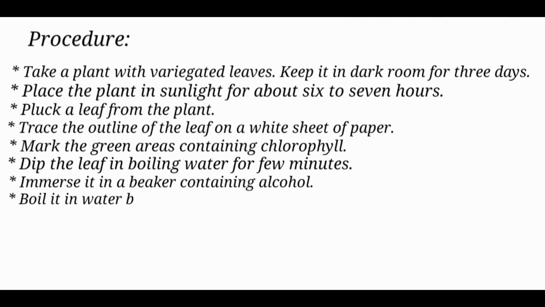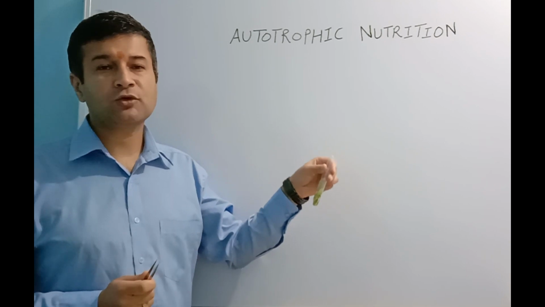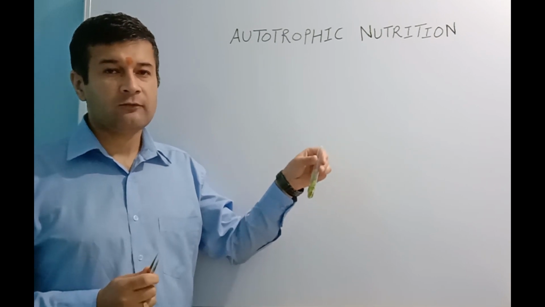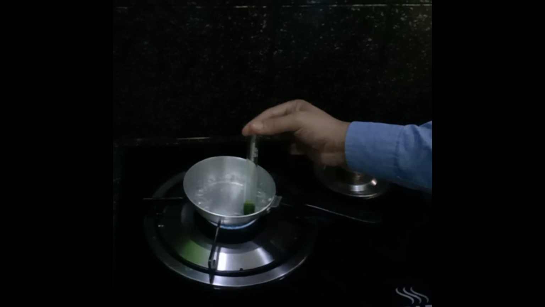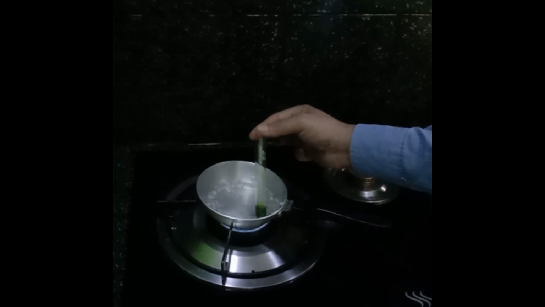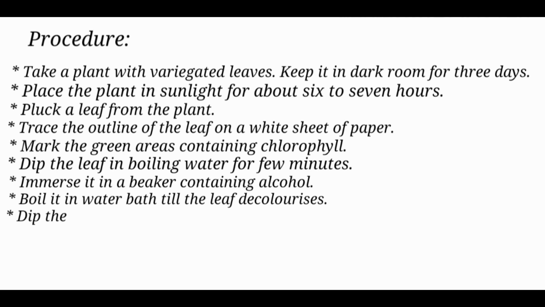Boil it in water bath till the leaf decolorizes. Now I am going to take this test tube for water bath. Here you can see that our alcohol has started to boil. Dip the leaf in iodine solution for few minutes.